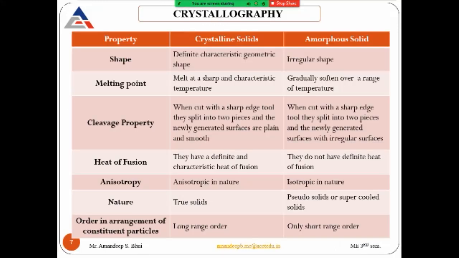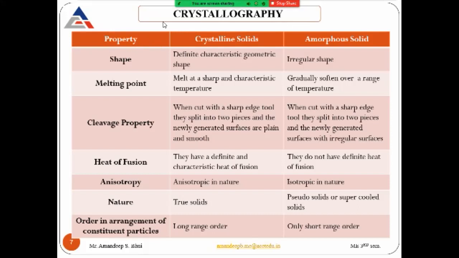Next, if we see this table here, this table shows the difference between the crystalline and amorphous solids. If you look at the shape, the crystalline solids have a definite characteristic geometric shape. Amorphous solids have irregular shape. Melting point: crystalline solids melt at a sharp and characteristic temperature.